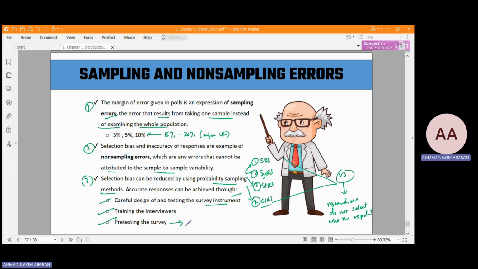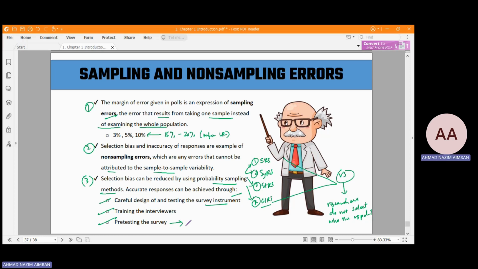How about the transportation, the working time, and so on? Because it may affect their health, it may affect their motivation and so on. And this would also affect the responses obtained.